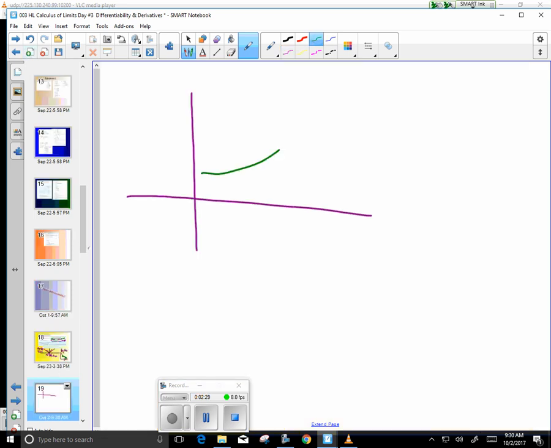Here's your function, f of x. If this is a, this y value is called f of a, right? Now, if we go over a skosh, I love that word, what's the new x going to be? A plus h. Now, what's this y value?